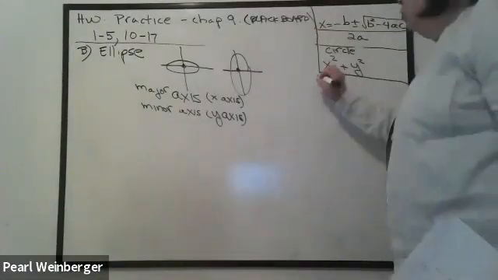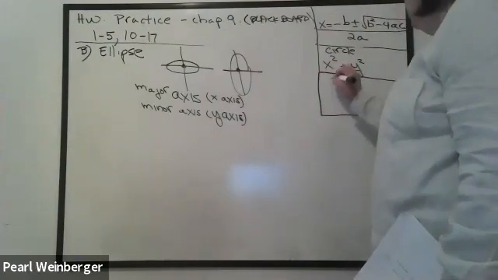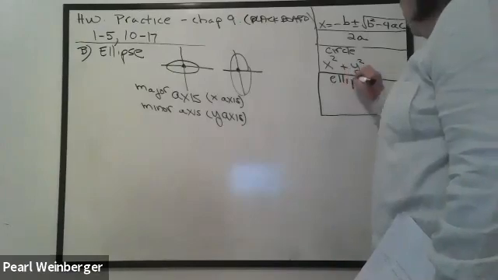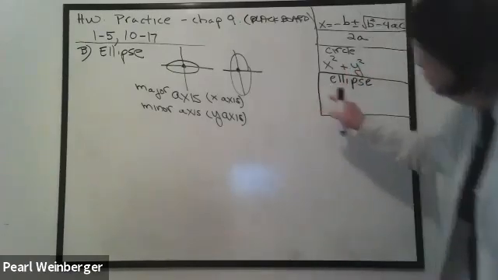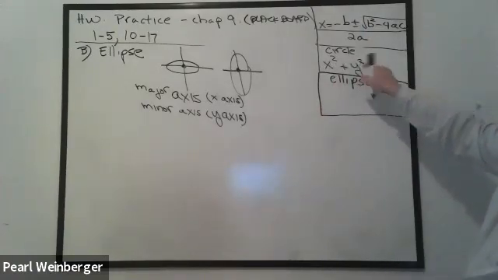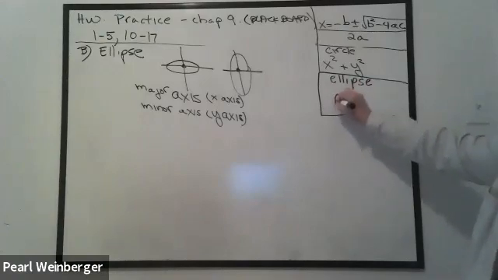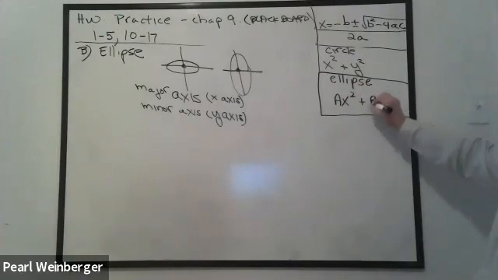So first, let's talk about what the basic equation of an ellipse looks like. In the equation of an ellipse, you're also going to have an x squared and a y squared term, but there's going to be a number times the x squared and a number times the y squared.